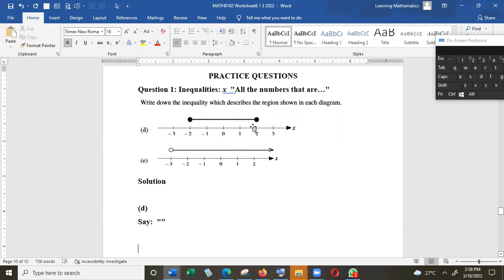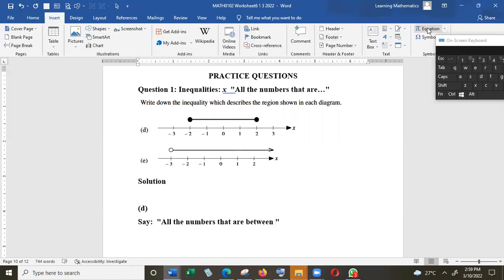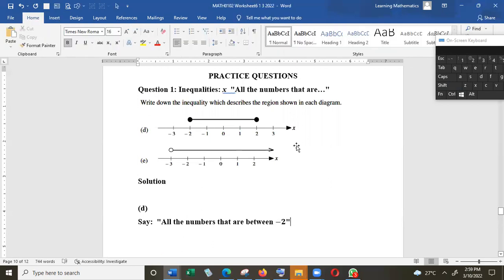So this diagram is depicting all the numbers that are between -2 and 2 inclusive.